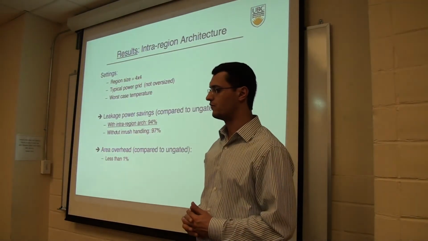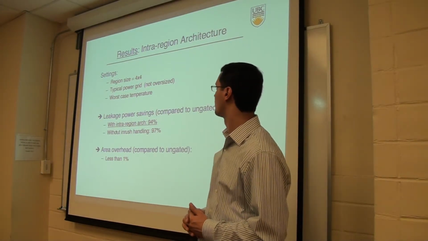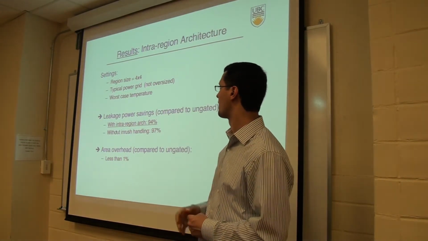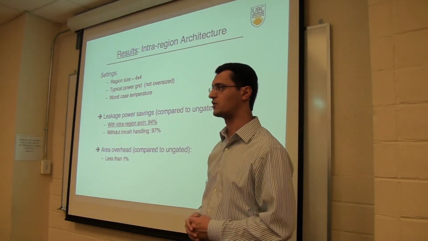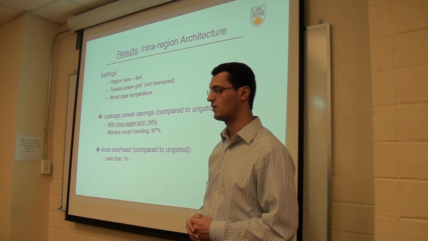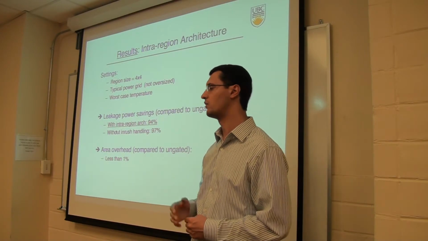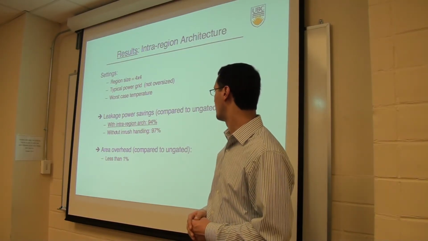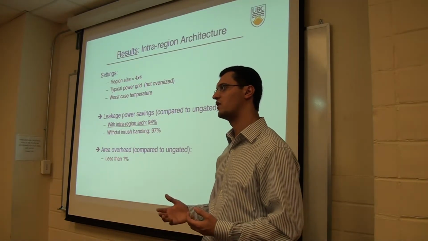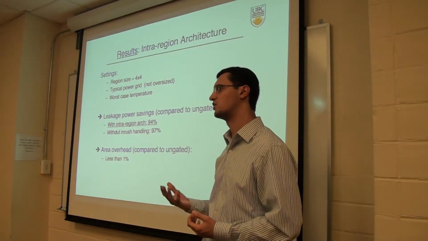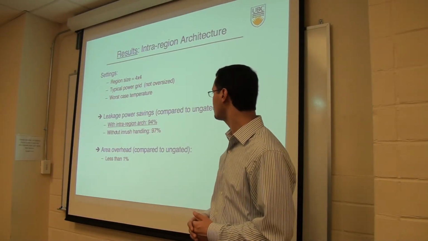We did experiments to investigate this level of the architecture, and we used these settings. The region size we assumed was 4x4. The power grid was assumed to be a typical one, not oversized. We used the worst case temperature, and we evaluated two things. In terms of leakage overhead, we evaluated how much leakage savings we could achieve with the existence of these additional delay elements in the architecture.